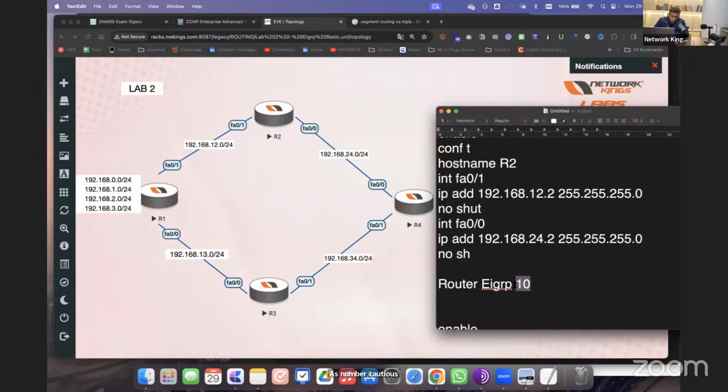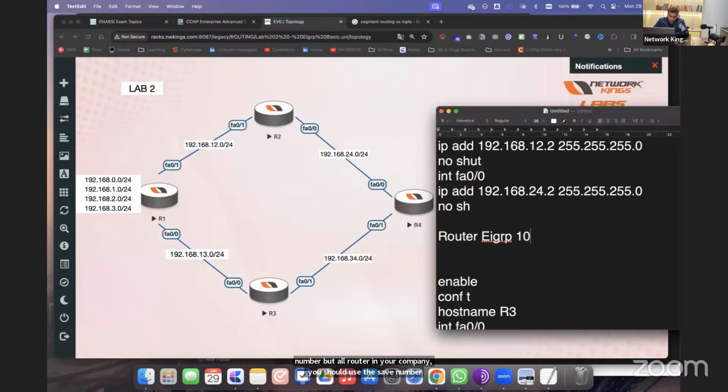But when you talk about the EIGRP AS number, consider it a number which should be unique across all four routers. Unique means the same in all the routers, but it should be one number. Like EIGRP 10 है तो 10 देना है, 1 है तो 1 देना है. It is a number between 1 and 65,535. You can use any number, but all routers in your company should use the same number. So I am using router EIGRP 10.